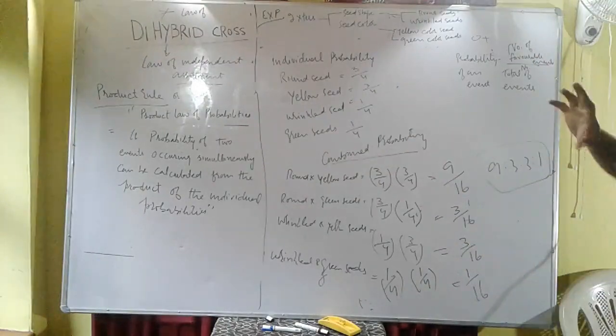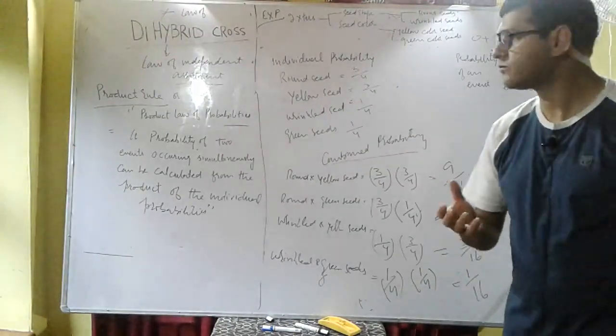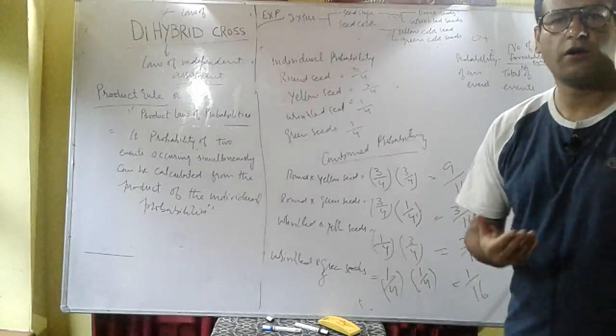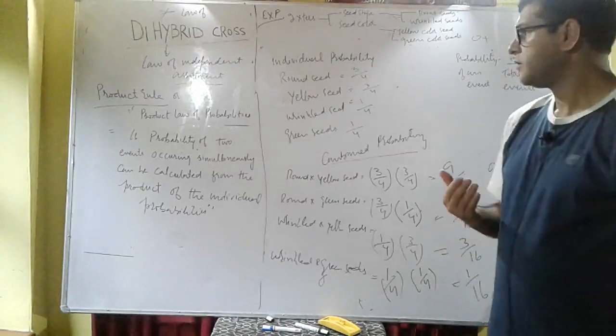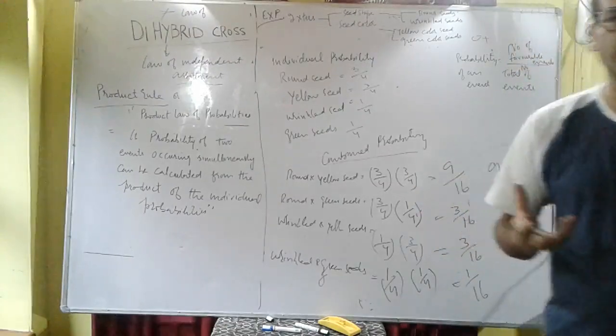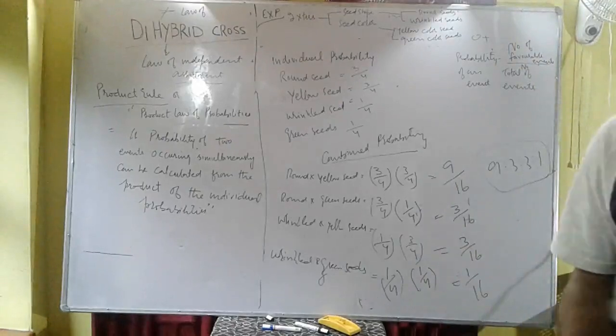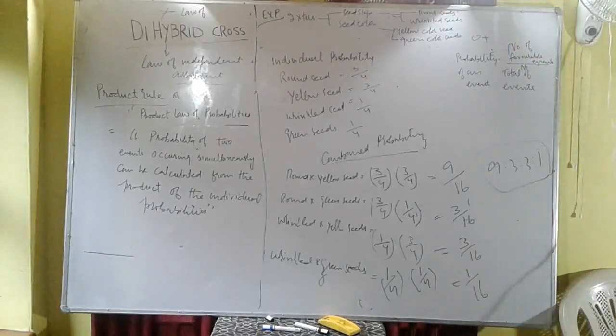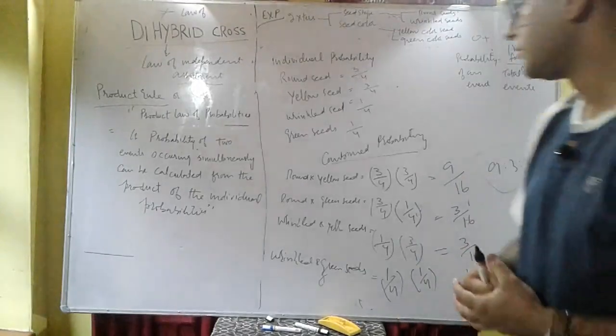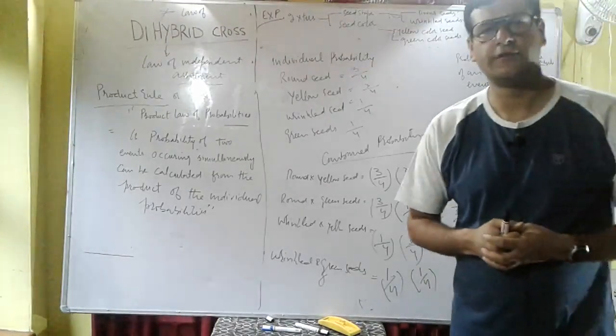It means that the inheritance of two characteristics follows the product rule, or product law of probabilities. Hope you have understood it.